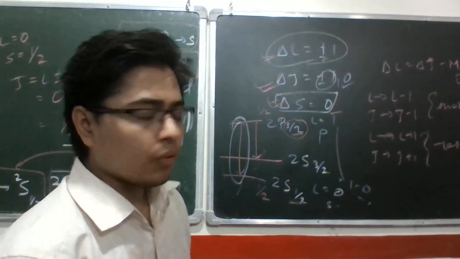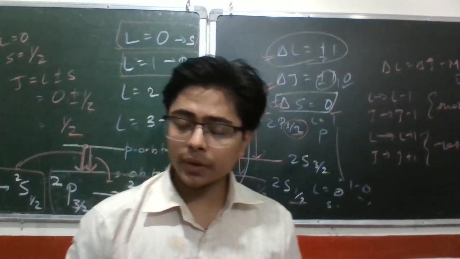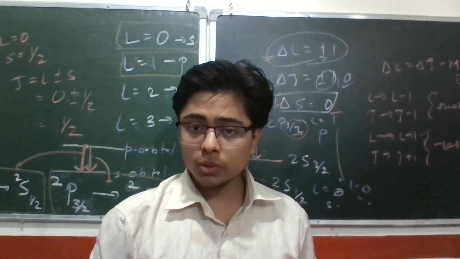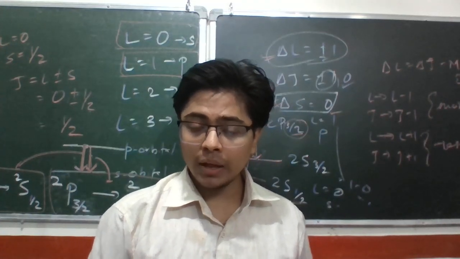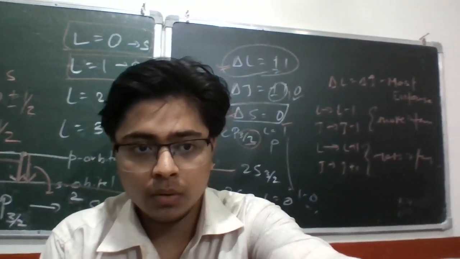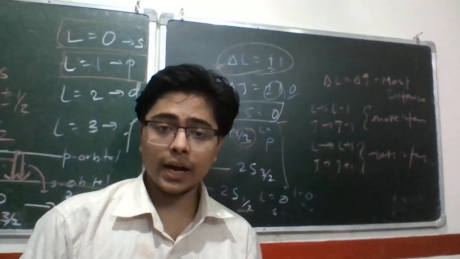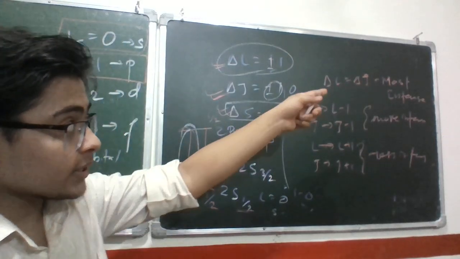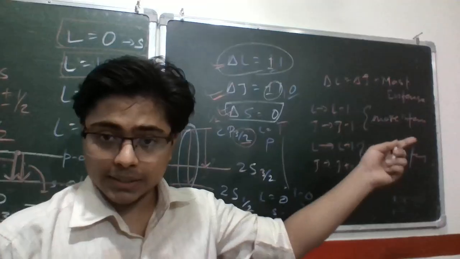So those spectral lines for which change in L is equal to change in J, those are the most intense. These are the most intense spectral lines.